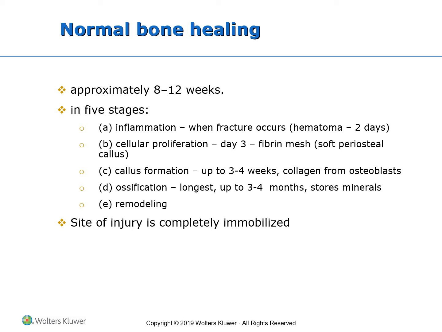As with any breakage in a tissue, there will be the stage of inflammation. Blood vessels will be interrupted, will be broken. A little bit of blood, or a lot more than a little bit, will accumulate in the cavity where the fracture happens, and the hematoma will develop.